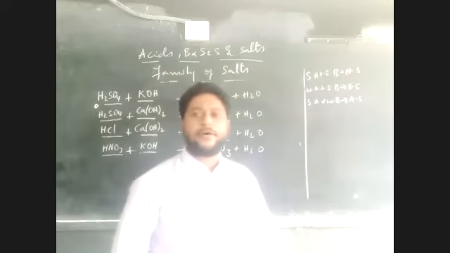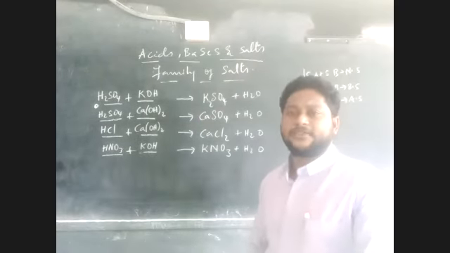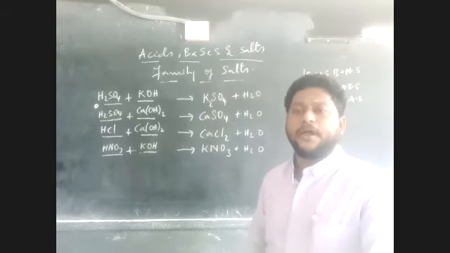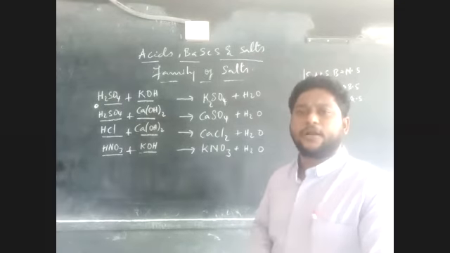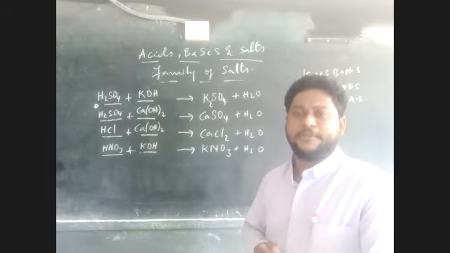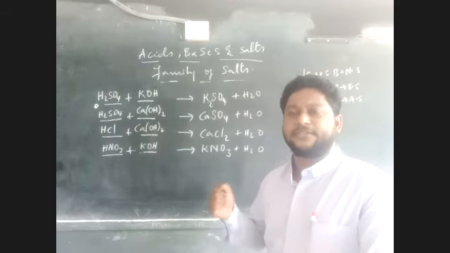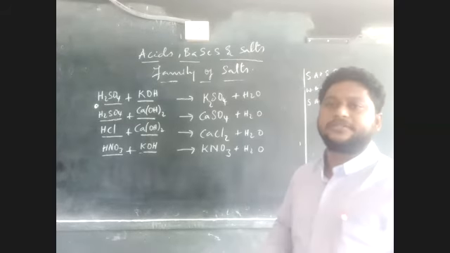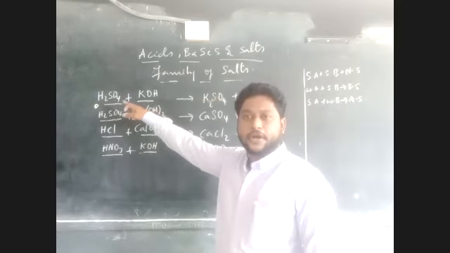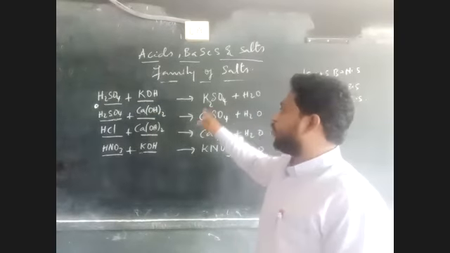So this is how we need to find out the acids and bases when the salt is provided to you, and the nature of the salt can be identified when you look at the strength of the acids and bases. If a strong acid and a strong base react, they give a neutral salt. Sulfuric acid is a strong acid, potassium hydroxide is a strong base. So the obtained salt is what?